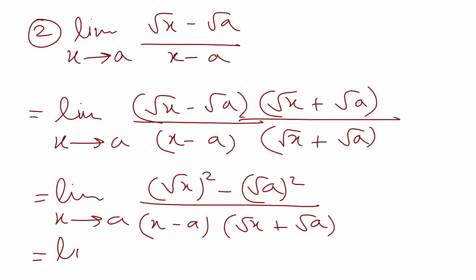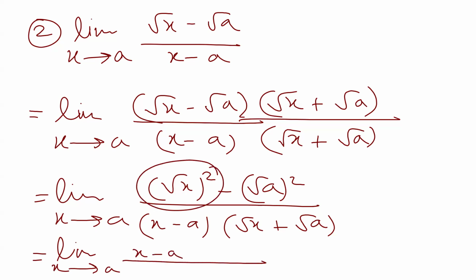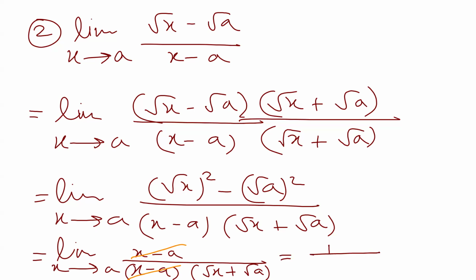So this equals limit x approaching towards a, x minus a upon root of x the whole square is x, root of a the whole square is a. So x minus a upon x minus a into root of x plus root of a. Now we'll cancel these terms. Now you guys tell me, can I put the value of x as a in the denominator? Yes or no?